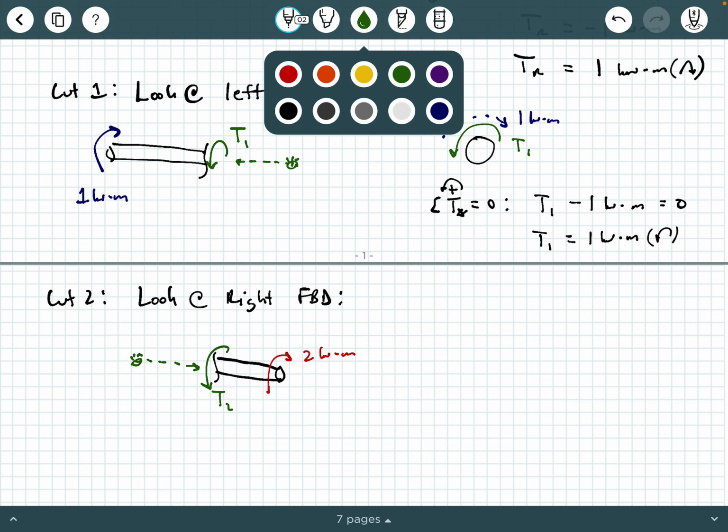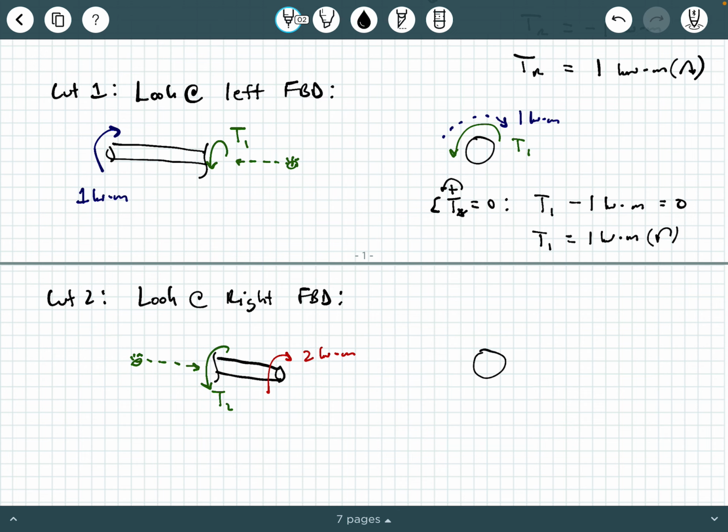So what do I see? I see a circular cross section, and then I see T2 going clockwise, and I see the 2 kilonewton meters going counterclockwise. Now again, think about what the eyeball sees. When the eyeball is here looking into the cut, it first sees that T2, but it's going clockwise, okay?